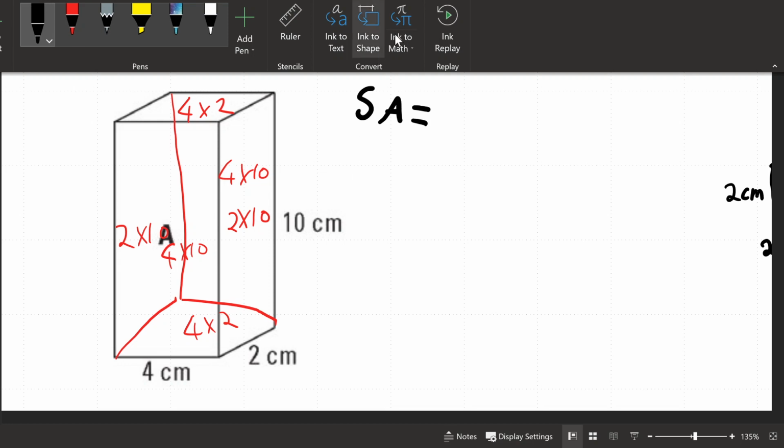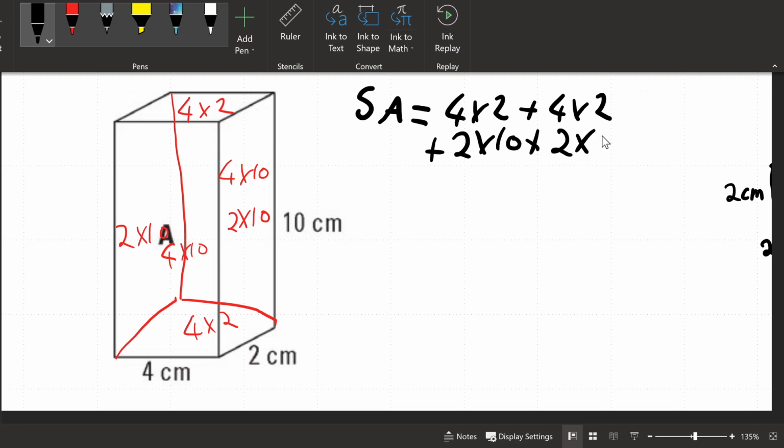So we can either go, okay, 4 times 2 plus 4 times 2, so the top and the bottom added together, plus 2 times 10 plus 2 times 10, so these two sides added together, plus 4 times 10 plus 4 times 10, so the front and the back added together. That's fine. Other option here, I'm just going to write in or here.